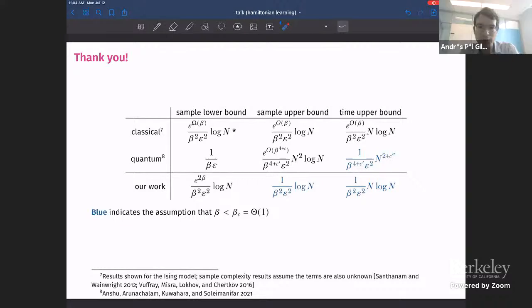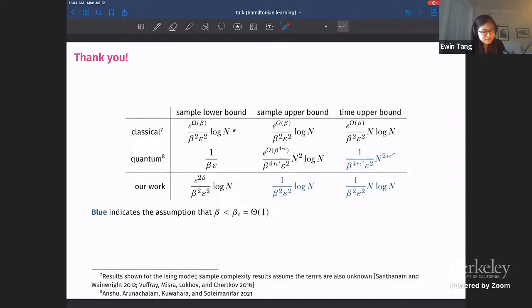You described your algorithm, and you said that you just need to estimate all these expectation values for these local observables, which correspond to Hamiltonian terms, and that you can do it with log n samples times this polynomial in beta and epsilon. Do you need to use any of these classical shadow tomography techniques, or how do you do that? So you don't need to do any sort of shadow tomography.